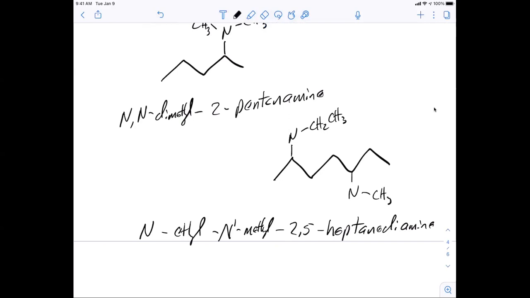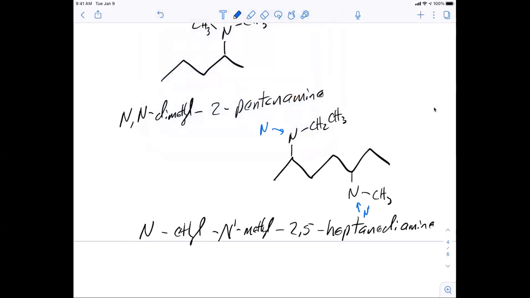Okay, here, this is the N prime and this is the N, and that's because of the 2 and the 5, right? So the preference will go to the lowest number. So the 2 on the first nitrogen means that I'm going to name it as the N. So you could have N, N prime, N double prime, N triple prime, and so forth.